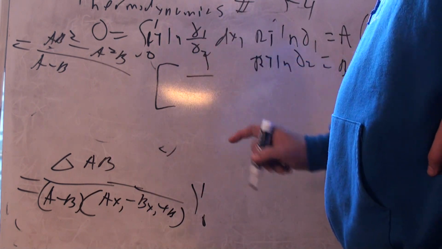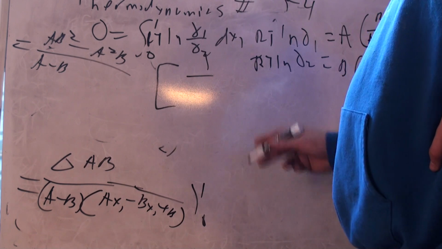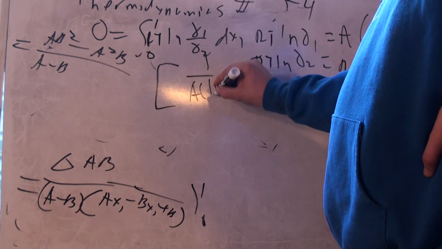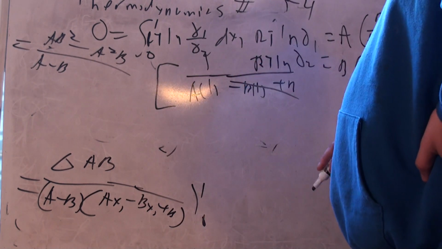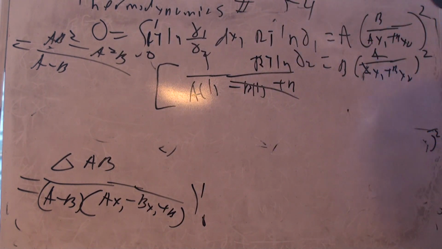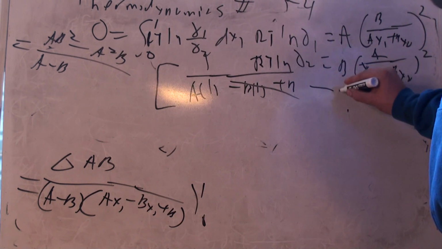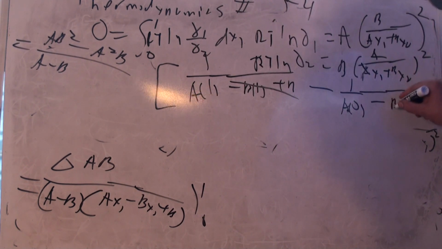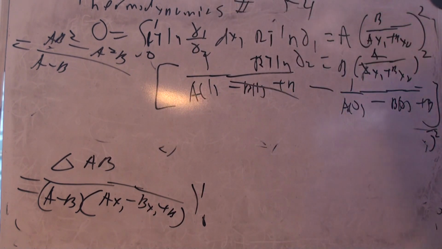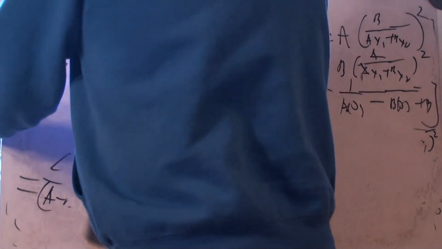So 1 over, let's see here, A times 1 minus B times 1 plus B, so I got 1 over A, minus 1 over A times 0 minus B times 0 plus B, which is minus 1 over B. Oh, is that the same thing as that? Who knows? Or did they cancel out each other, so to speak? I think they're going to.